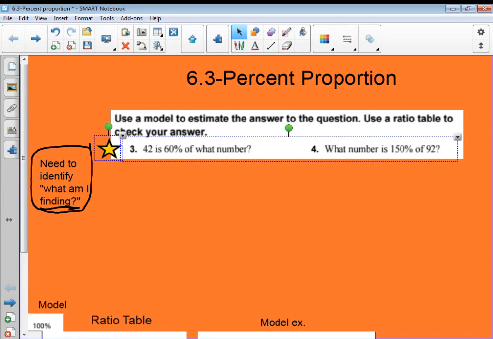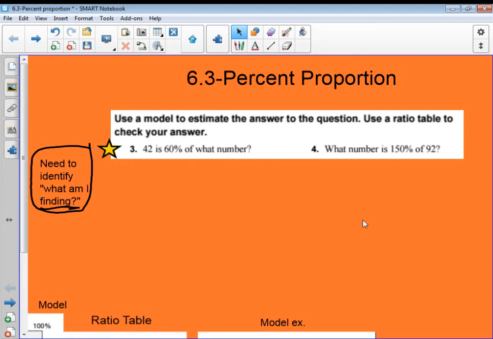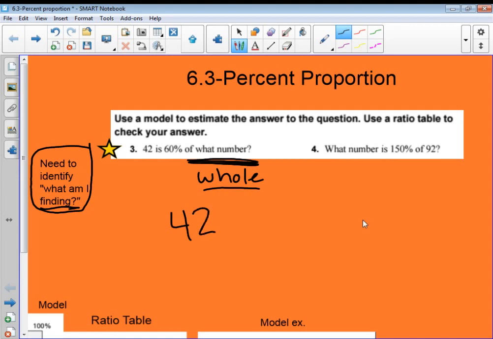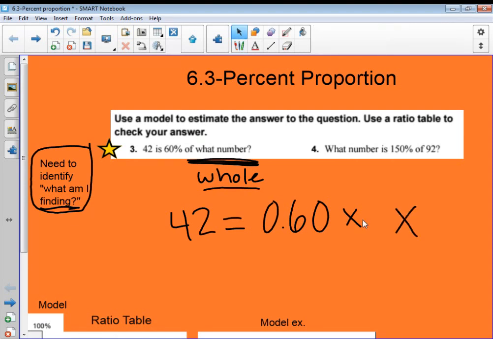All right. So 42 is 60% of what number? That tells me I am looking for my whole. Okay. So if I were to write it out as an equation, 42 equals 60%, but I put that into a decimal, of some number. So I put X. So there's a lot of X's up there.